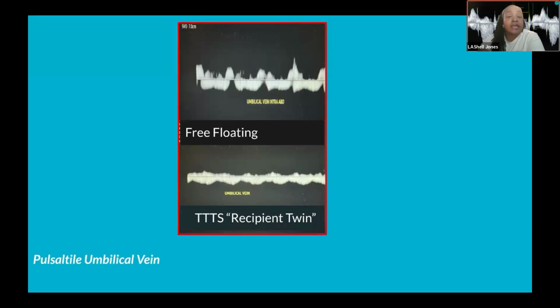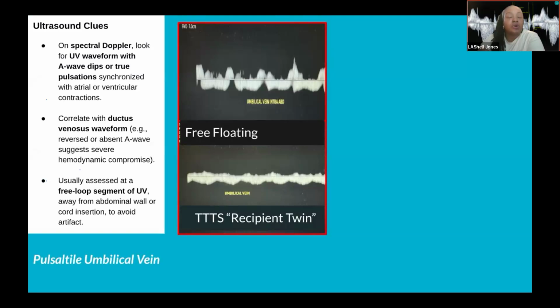This was not normal. So on spectral Doppler, you want to look for the waveform to show if there are some dips of the A wave, which we are seeing. And then also, we're not seeing that continuous forward flow pattern that we saw in the normal setting on the slide before.